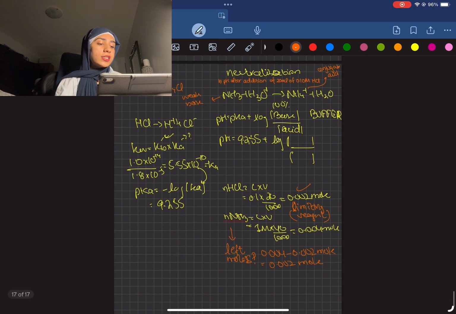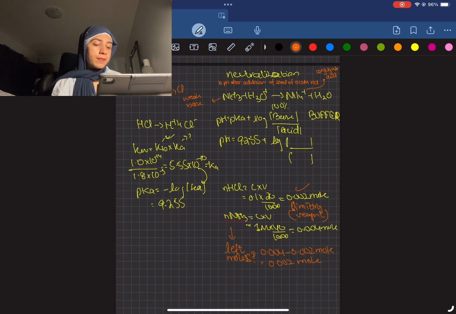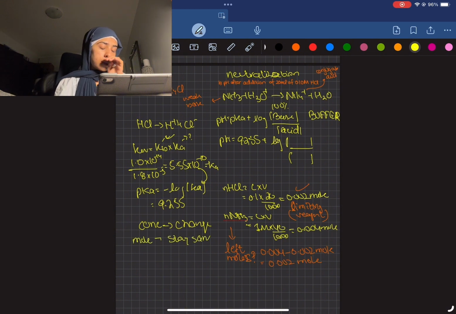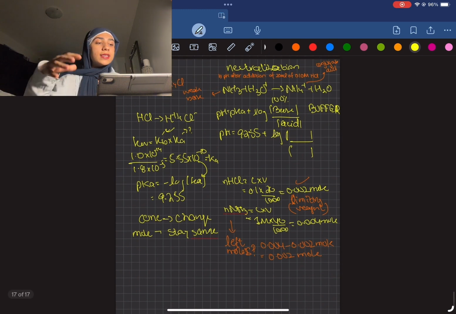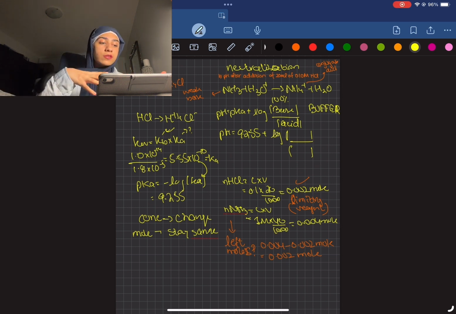So this is the amount of moles that I have left for NH3. Now you found the initial concentration. Now remember, concentration, it changes, however your moles, they stay the same. So that means that once I add these two things up, when I add my HCl to my NH3, the volume is going to change, because you have 20 mLs of HCl, you have 40 mLs of your NH3.